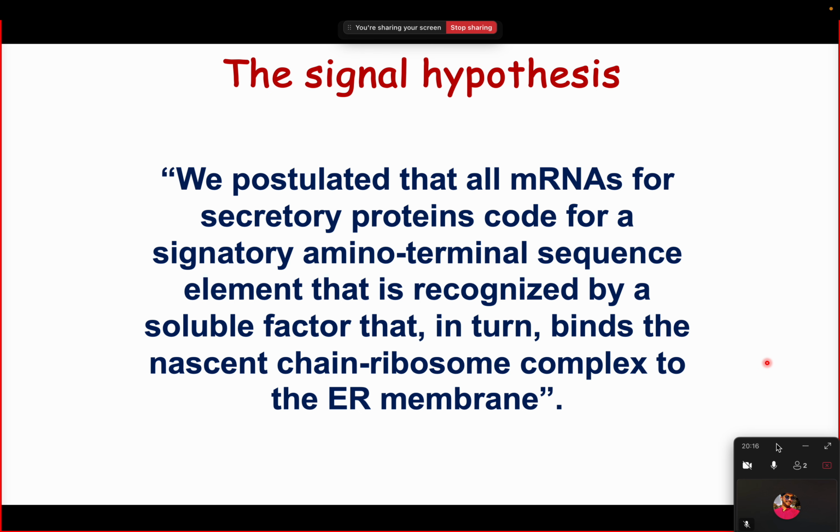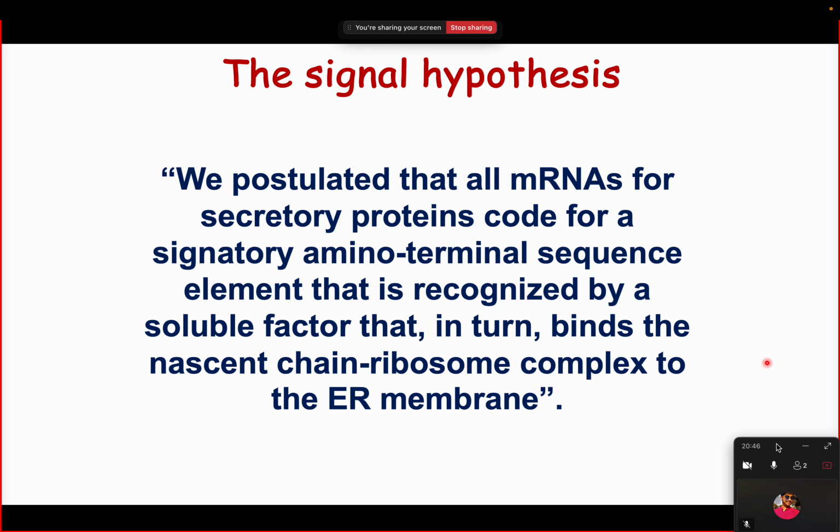So again, we'll try to understand this hypothesis. We postulated that all mRNAs for secretory proteins code for a signatory amino terminal sequence element that is recognized by a soluble factor. Means there has to be a soluble cytosolic protein which is recognizing this additional thing in the translating protein, which binds to the nascent chain ribosome complex.